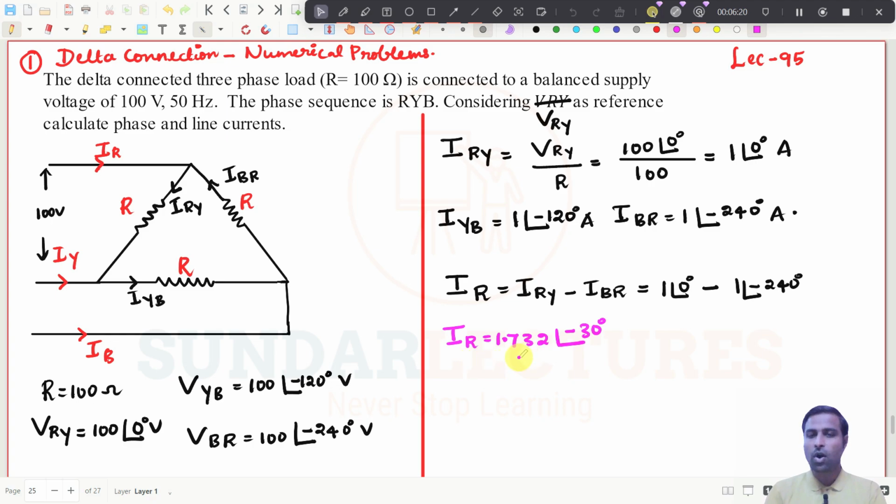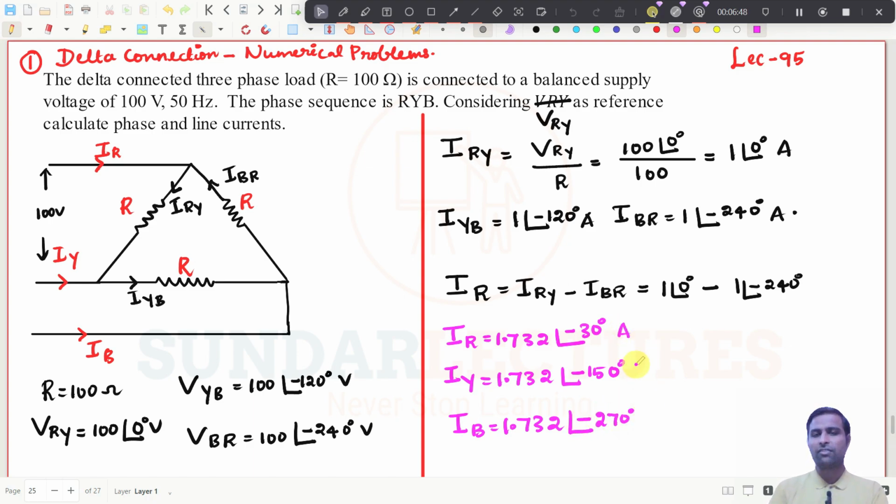And if you know IR, then it is very easy, right? What will be IY? That will also be 1.732, at an angle of minus 30 minus 120, which gives minus 150. Very simple, right? Then if you go for IB, again it will be 1.732 at an angle of minus 240 from here, so it will be minus 270 degrees.